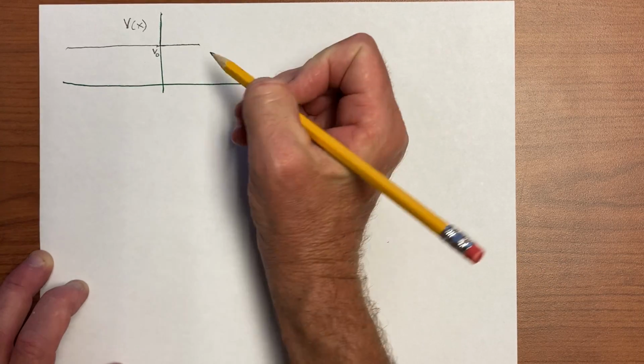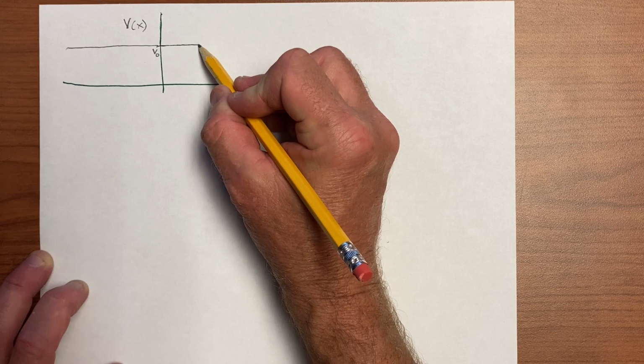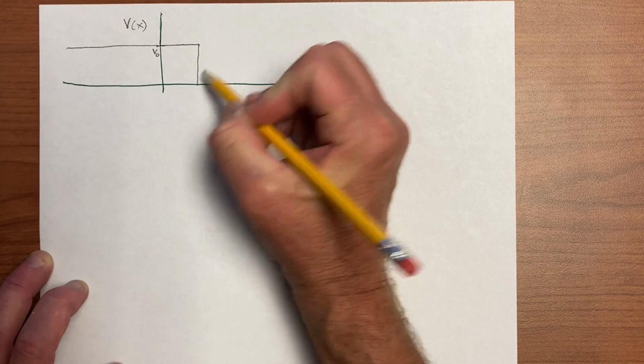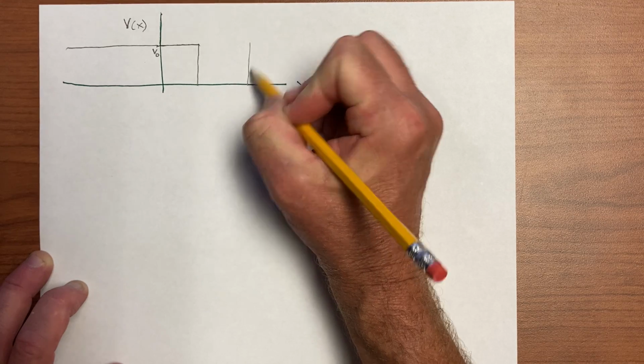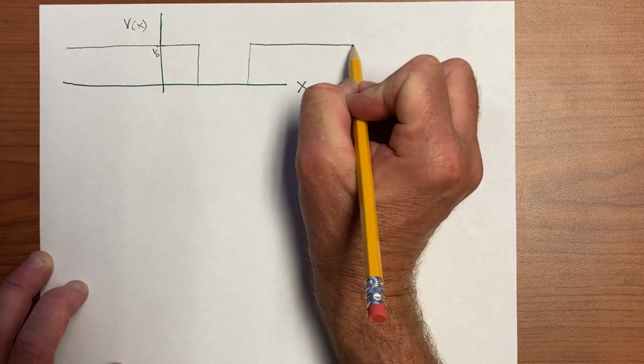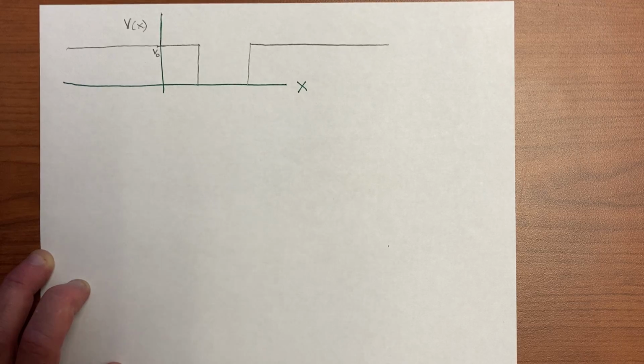Here it'll still be V naught, and then for some value it becomes 0, so it drops down, and then for some value here it again comes up to V naught and goes on to positive infinity.